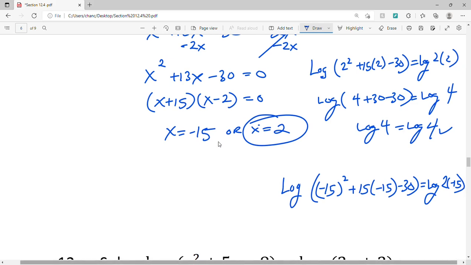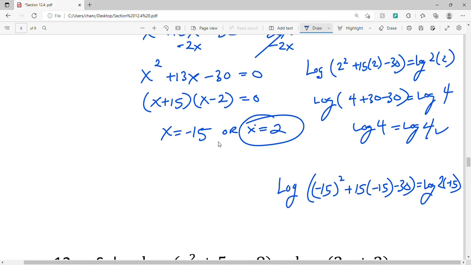And if you check carefully on the left, you're going to get the log of 15 squared on the left.